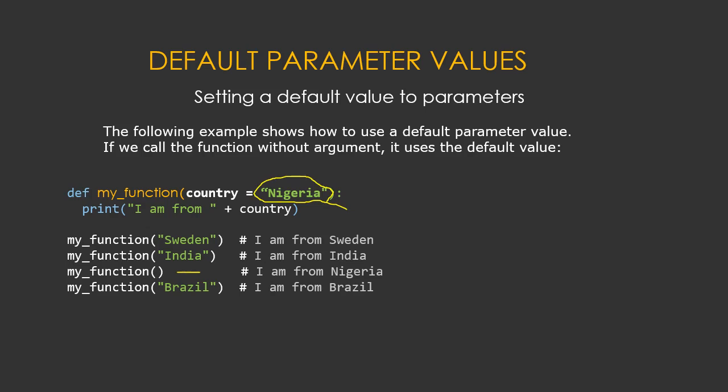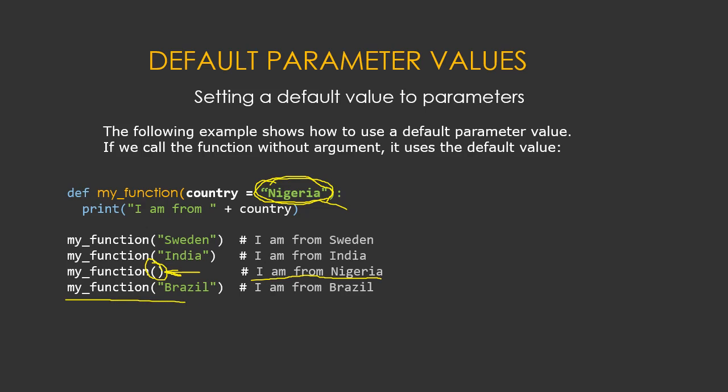So when we call a function without an argument, it will use the default value, and the output will be I am from Nigeria. We never entered an argument, but rather it uses the default value which was set to the country, and then it will print out I am from Nigeria.